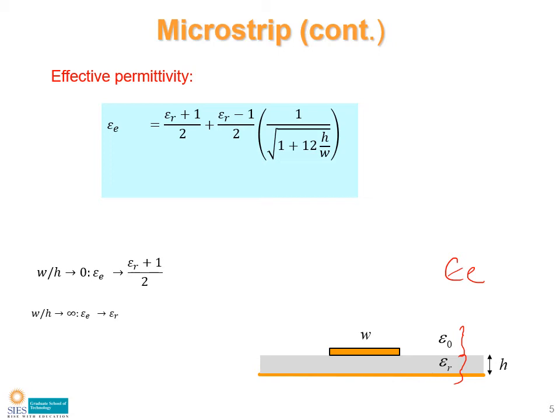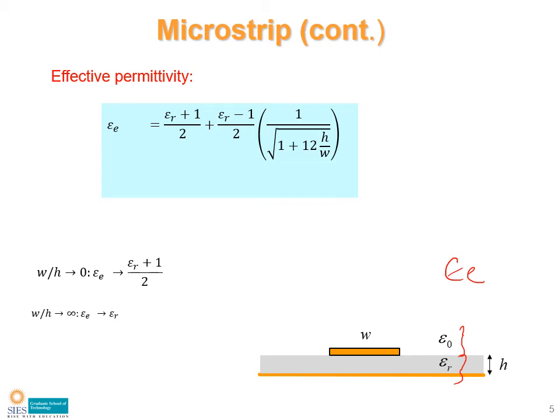So epsilon e is equal to (epsilon r plus 1) divided by 2, plus (epsilon r minus 1) divided by 2, multiplied by 1 upon under root of 1 plus 12 H by W. Now this epsilon e value depends upon the W by H ratio, that is the width of the microstrip line divided by the height of the dielectric material.